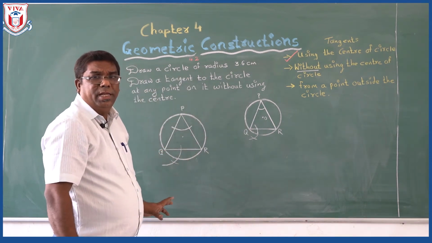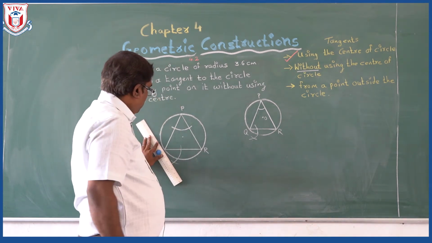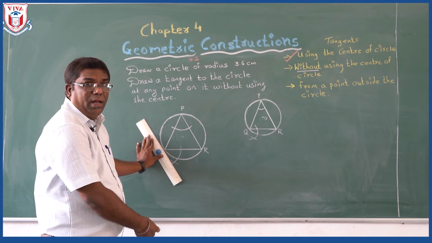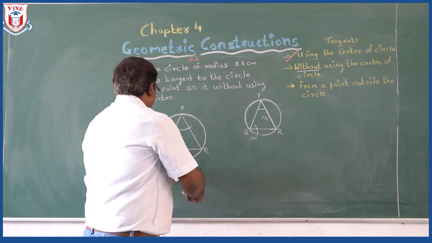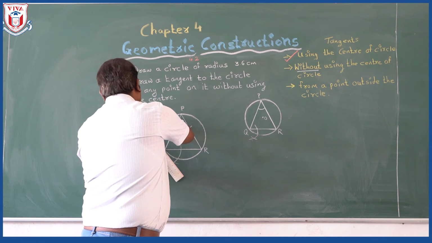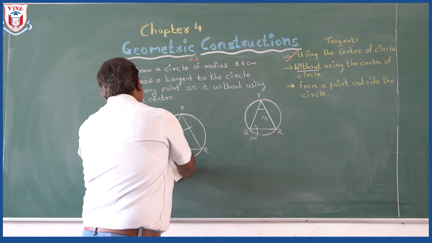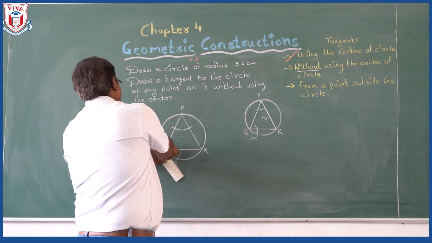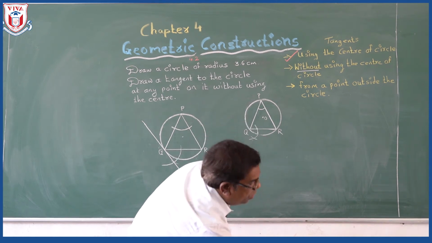Now you got one arc and point Q. The tangent will be created out here. Just check that the arc and point Q should match, then only you can go with that line. This is my tangent, you can name it.